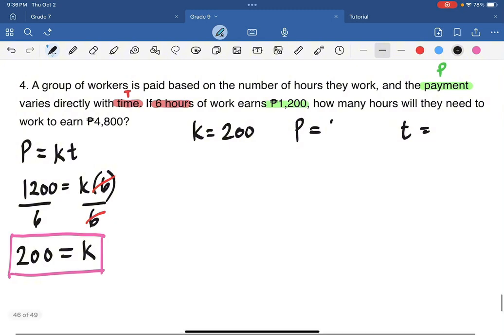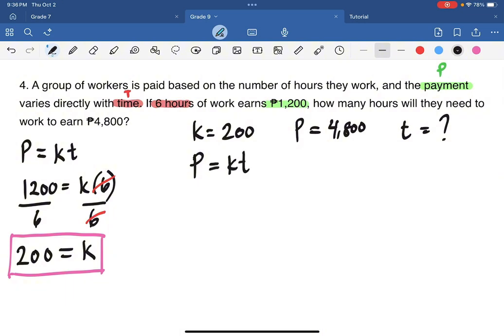So we have 4,800, and T this time is missing. So writing the form again, we have P equals KT. The value of P is 4,800. The value of K is 200, so 200T.